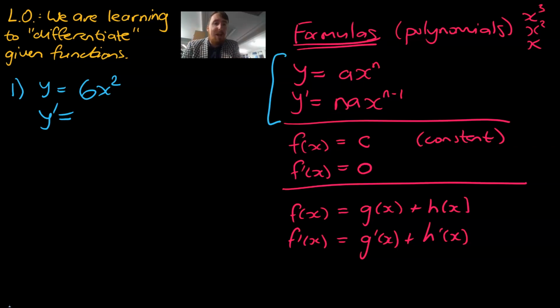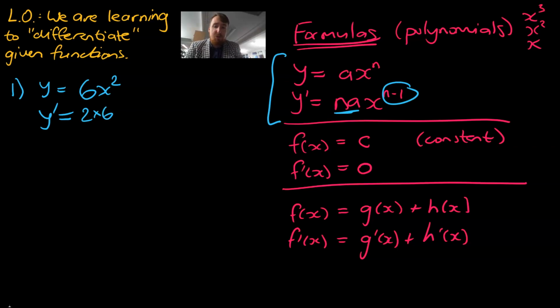Hopefully you can see the a up front. That represents the 6 in the equation. And hopefully you can see the 2 up the top as the power, and that represents the n in our equation. So what we're going to do is go n times a. So we're going to move the 2 to the front. So that's going to become 2 times 6.